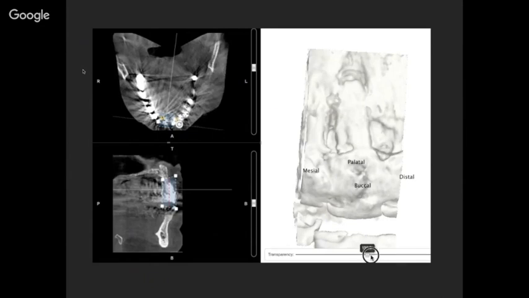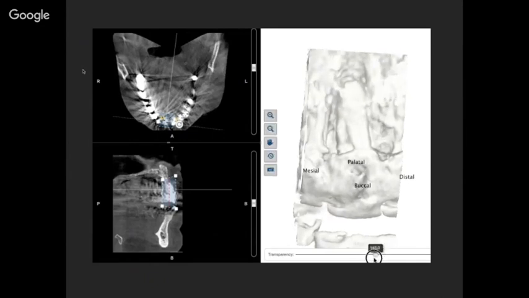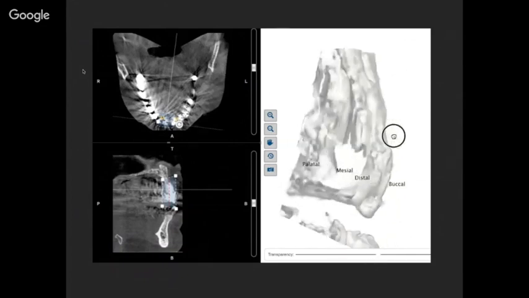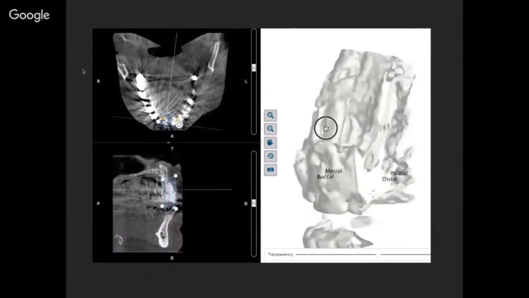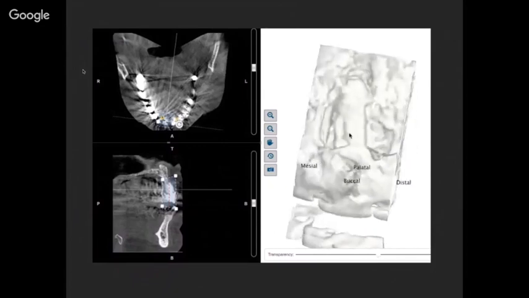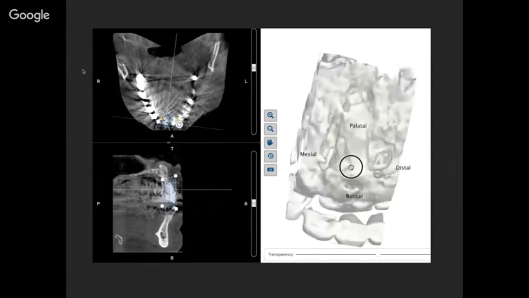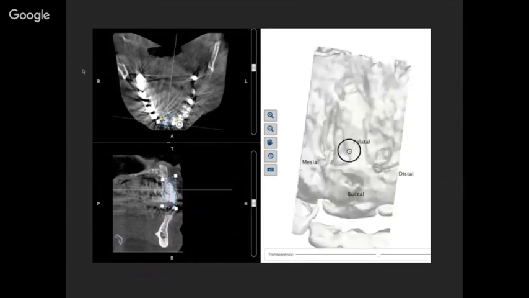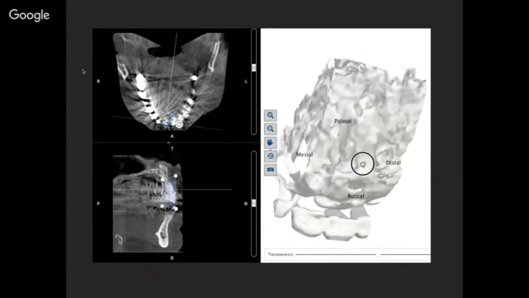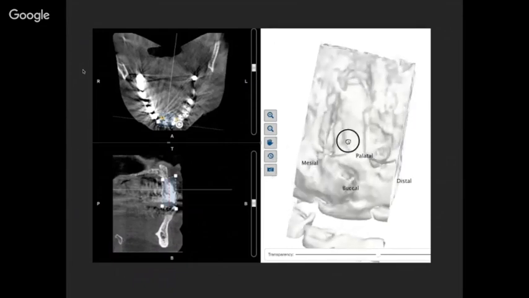So I can move my cursor in all directions, and then I can rotate the tooth in both directions. I can even tilt the tooth to see the entry of the canal. And that's not a dummy, okay? That's the patient's tooth. How does it affect the treatment plan?